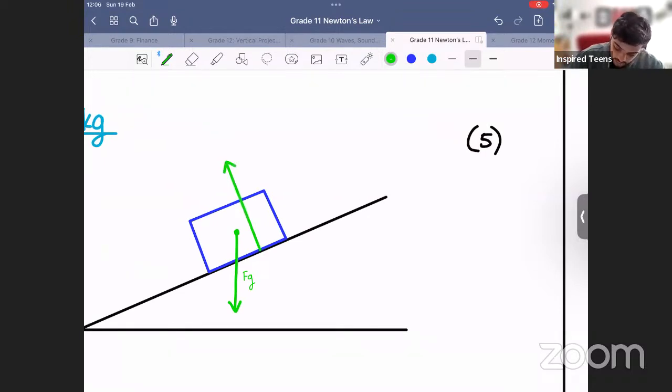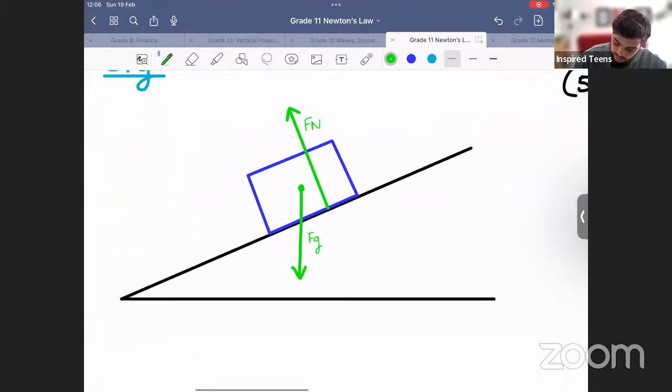Perpendicular to the surface, and I call this my normal force. So it's all the exact same, except one is different. Then I have my friction as well on the surface, away from the direction of motion, F friction. Then we have tension.